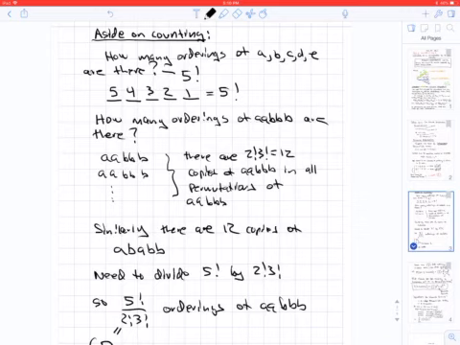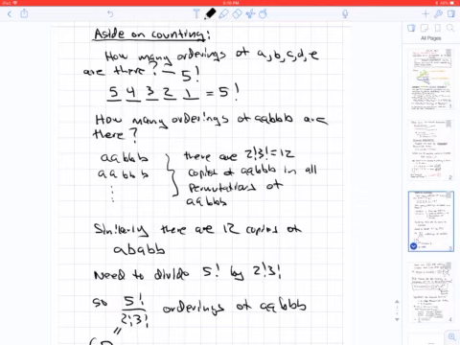The answer is 5 factorial. You have 5 choices for the first slot, 4 choices for the second slot, 3 choices for the third slot, 2 choices for the fourth slot, and 1 choice for the last slot. So that gives 5 times 4 times 3 times 2 times 1, which is 5 factorial.